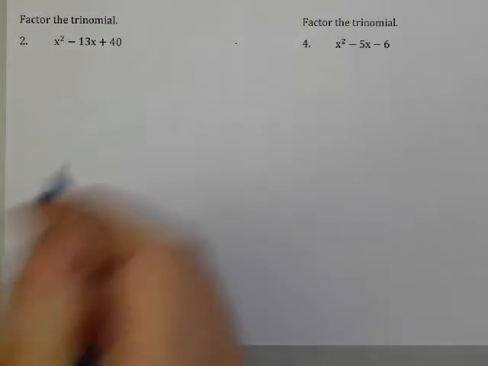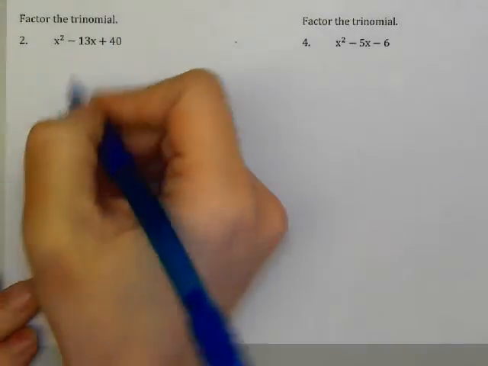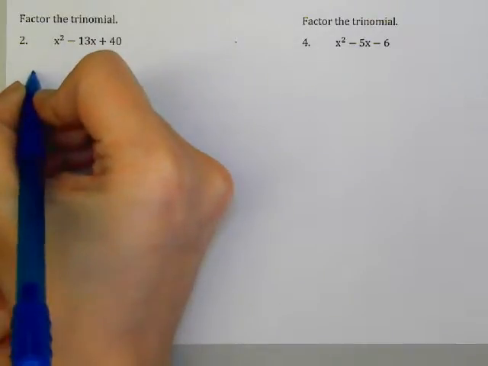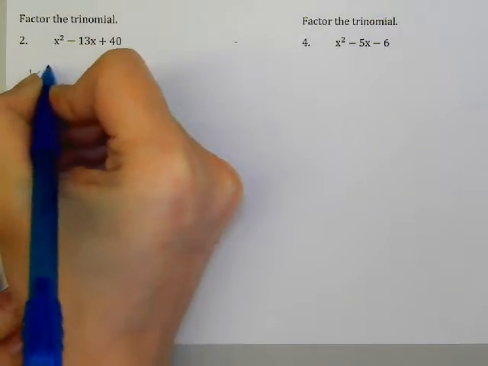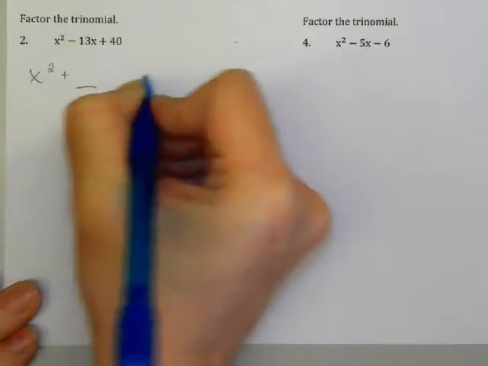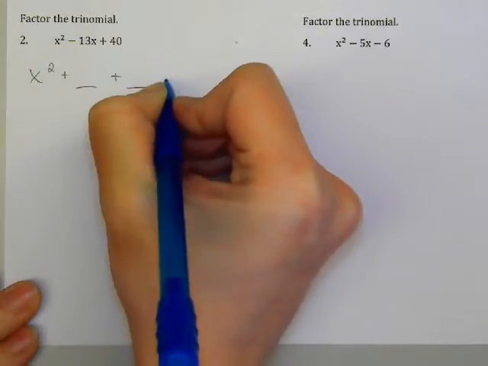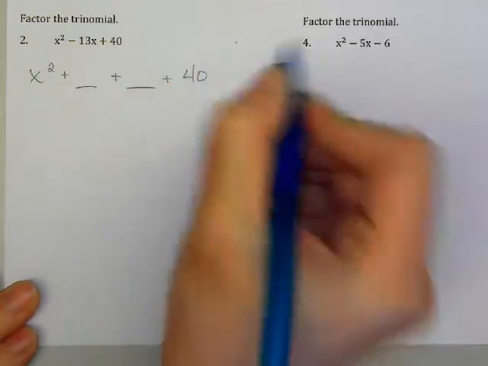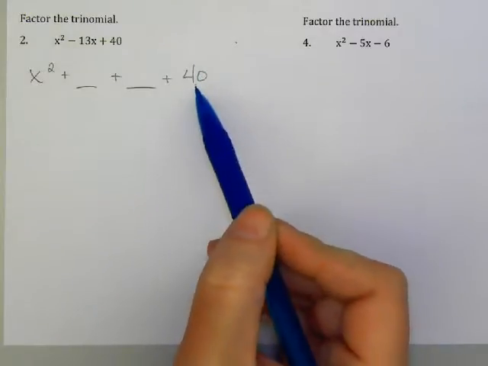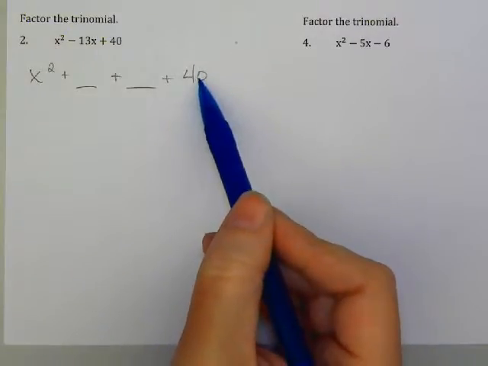So I'm going to do this one with grouping. So I have x squared plus something plus 40. So I'm looking for two numbers that multiply together to give me 40. They're adding together to give me negative 13.